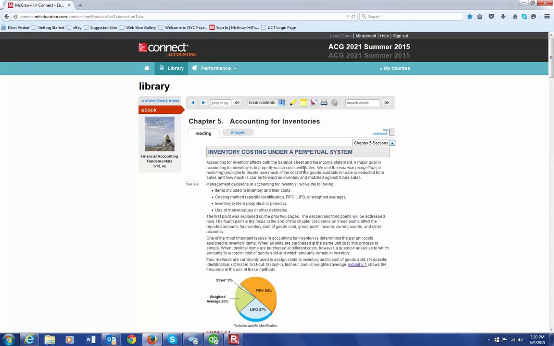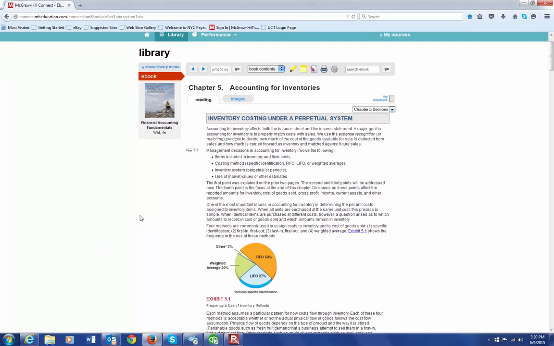In the next section, we're going to talk about how we arrive at the dollar amount that we attach to the inventory that we have. The first thing to talk about is the things that are going to affect that particular figure. What are the items included in the inventory, and obviously their cost? What is the costing method your company has chosen to use?